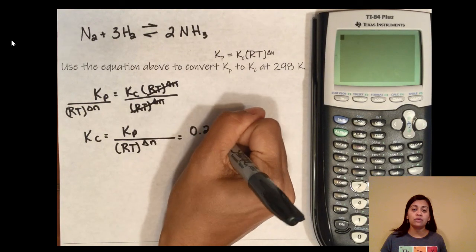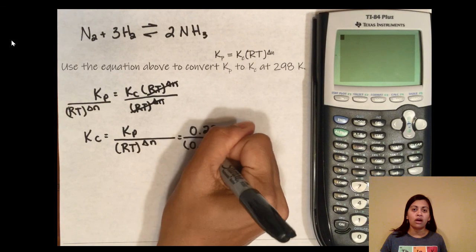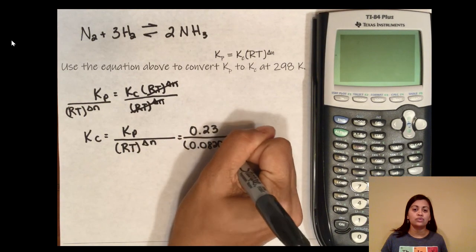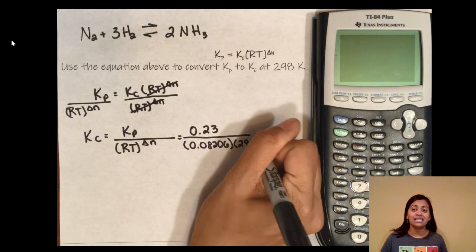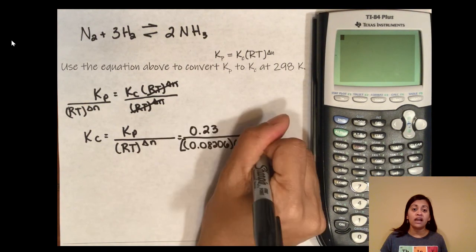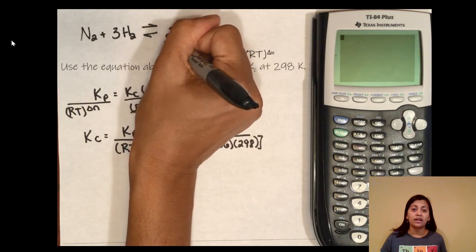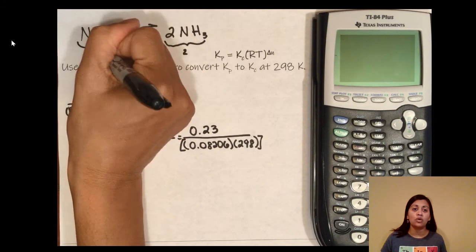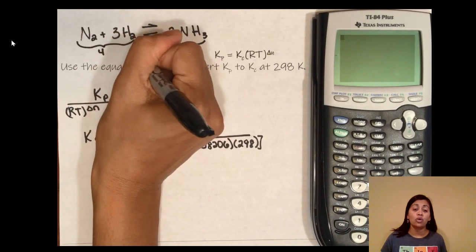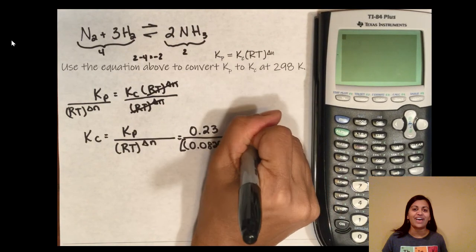Now we can plug in our values. We found Kp before to be 0.23, and then we know R is 0.08206, and our T is 298 Kelvin. Now to find our delta N, we want to take the moles of our products, in this case 2 moles, minus the moles of our reactants. So we have a total of 4 moles of reactants, because don't forget we have the imaginary 1 in front of that N2.